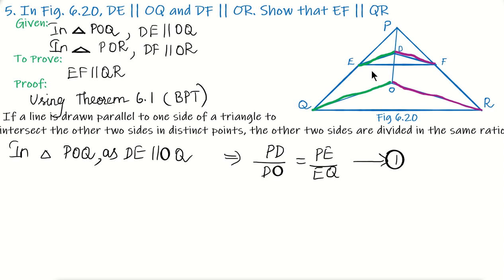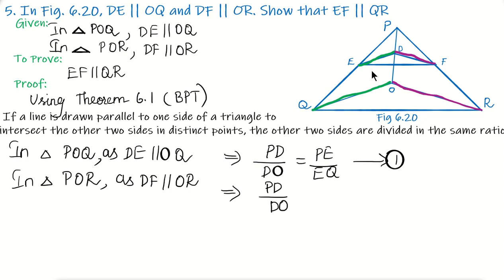This same theorem statement இன்னொரு triangle use பண்றோம், that is in triangle POR. Here DF is parallel to OR அப்படிங்கிறது given. From this அடுத்த ratio என்ன கிடைக்குது, PD by DO, because இந்த PO ன்ற side common இருக்கு. PD by DO is equal to PF by FR ங்கிற ratio.